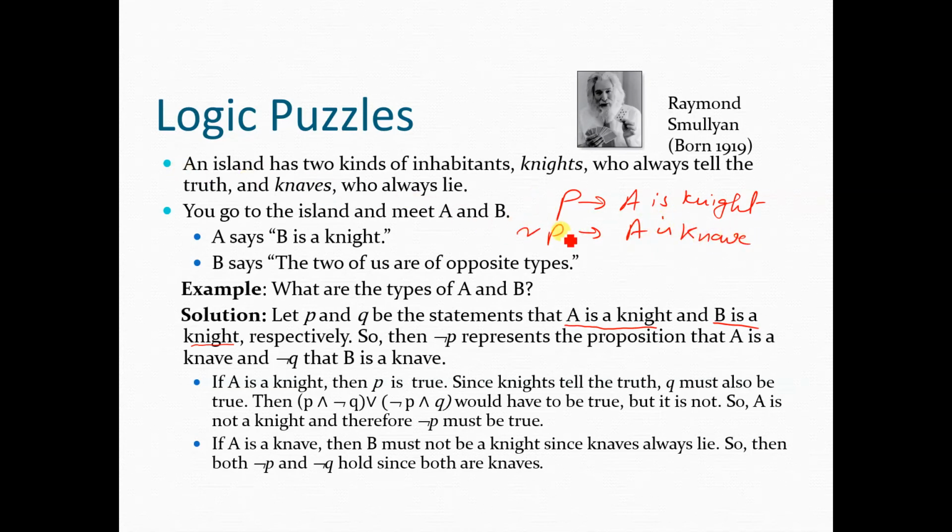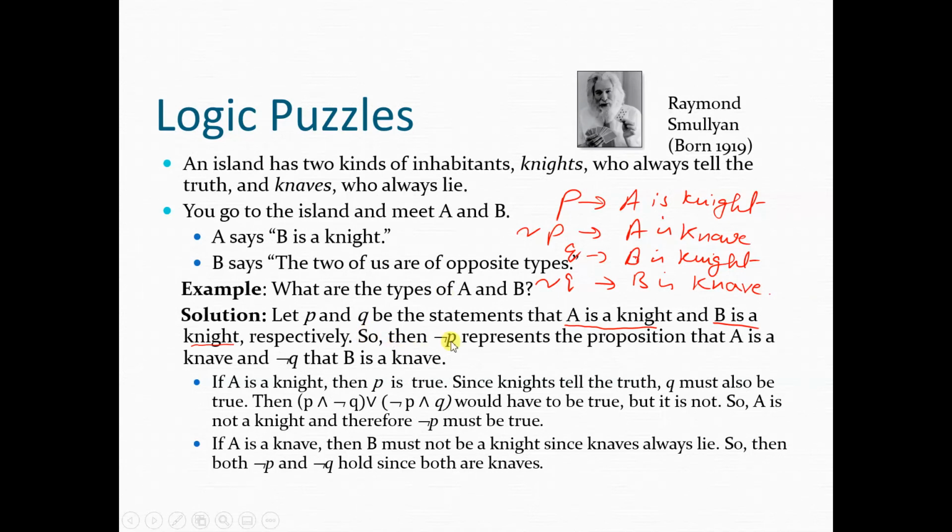Similarly, if Q is assigned to the statement B is knight, then negation Q means B is knave. That is, B is not knight, then B is knave. So this is the assignment of the variables to the statements.